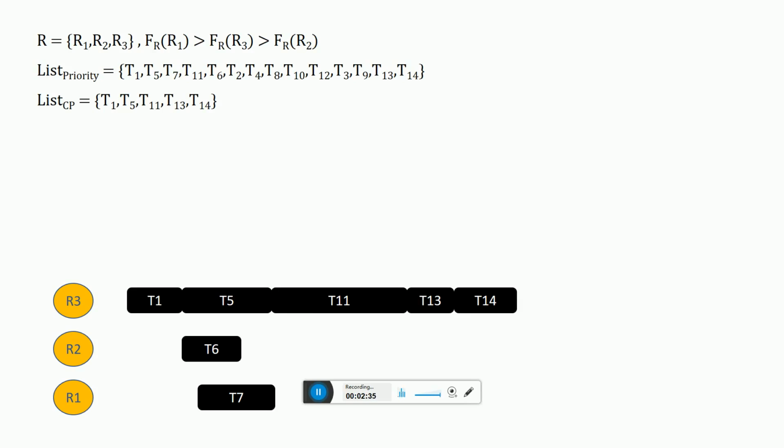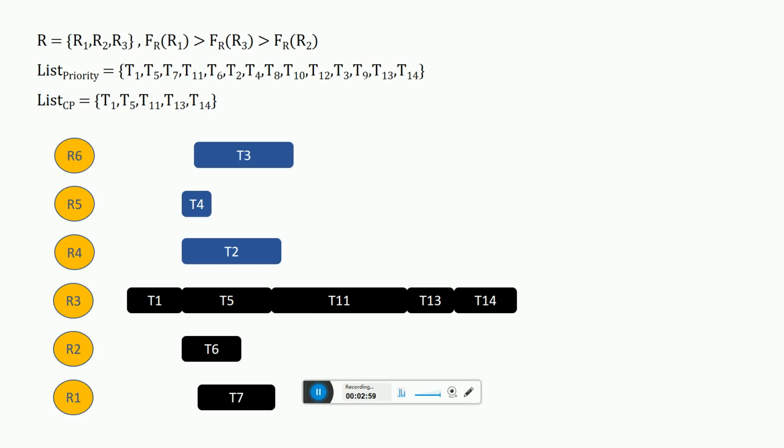But because there is no resource available by the earliest start time of T2, the cloud environment provides the workflow with a new resource R4. So T2 is assigned to R4, and also T4 is assigned to R5, and T3 is assigned to R6.